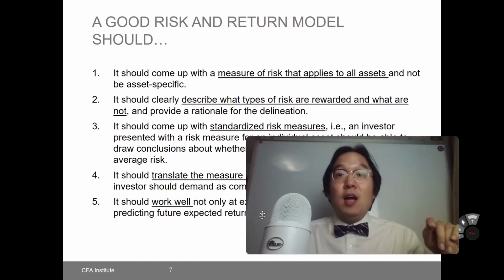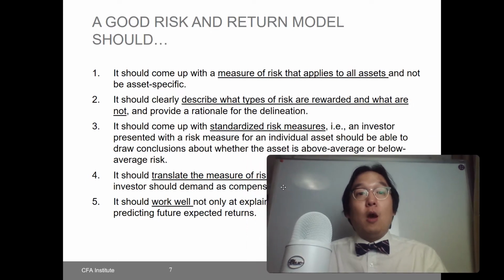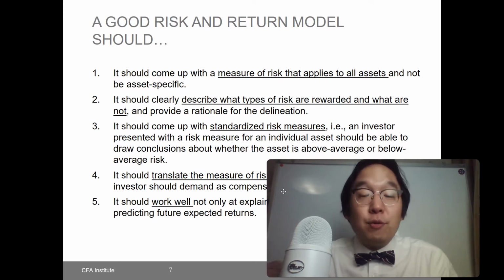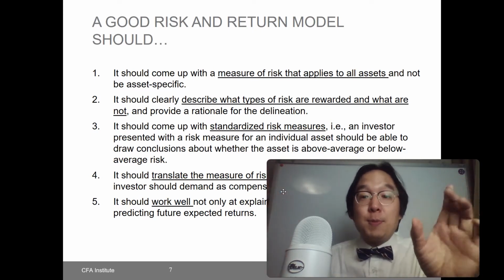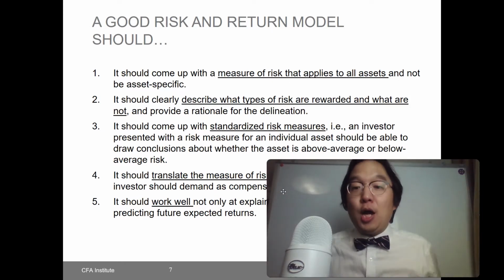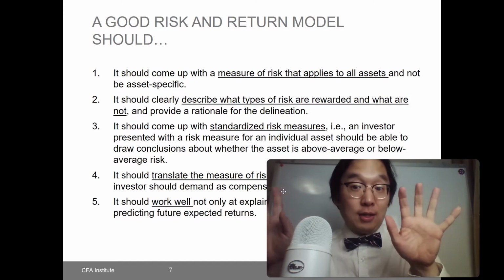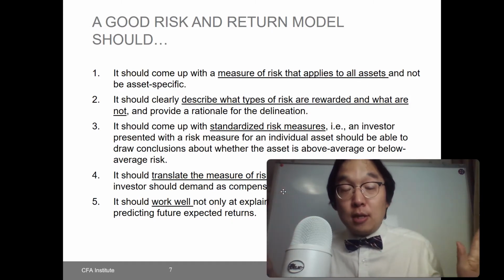One, it should come up with a measure of risk that applies to all assets, not one specific class of assets. For example, stocks and bonds are two different classes of assets. And then real estate, 강남 부동산 kind of thing, right?